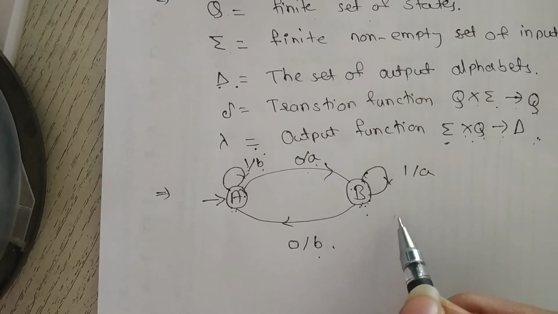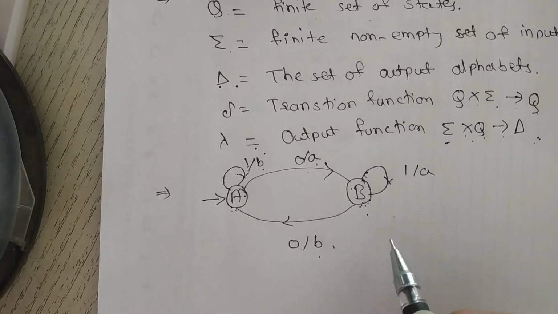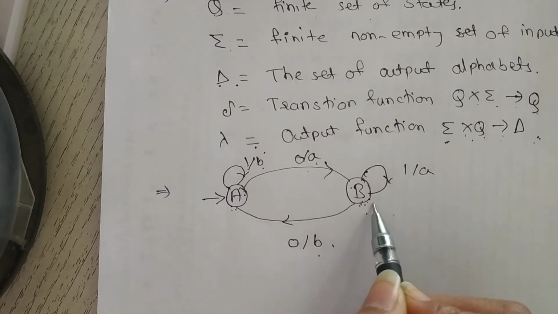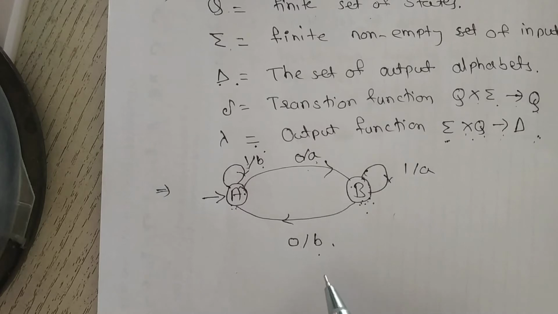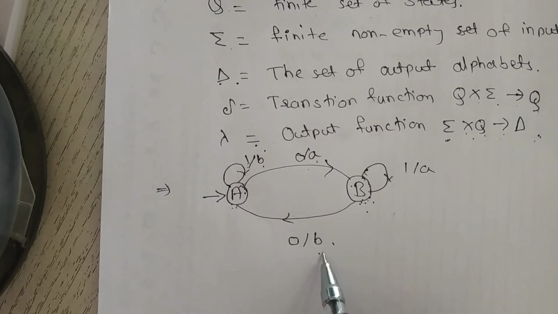So we said that the output function is defined by this one. The output depends on the input and the current state, which are associated with all these things. So look at this example. See this output small b, and how it is small b.